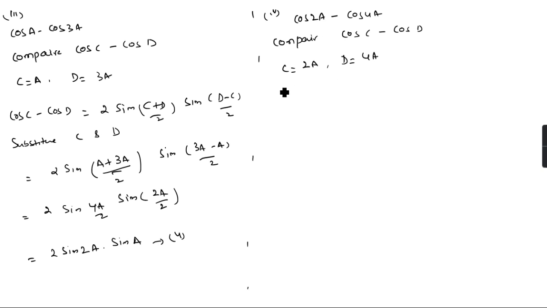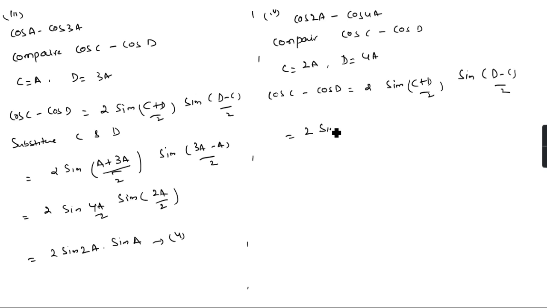So therefore, what is the formula? Cos C minus cos D is equal to 2 sin of (C plus D) by 2, sin of (D minus C) by 2.